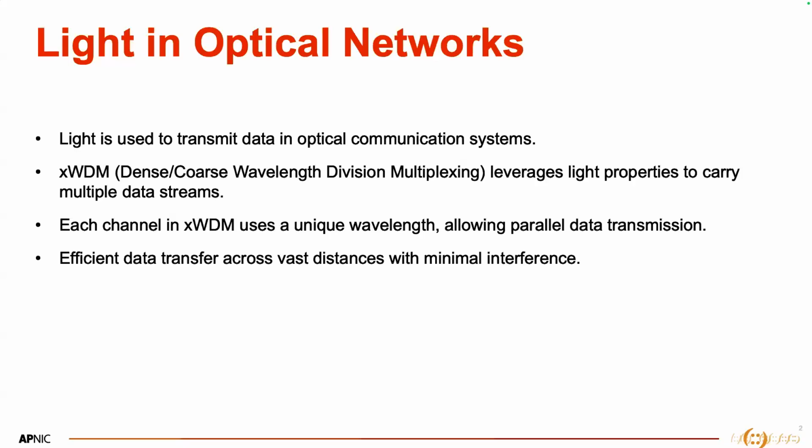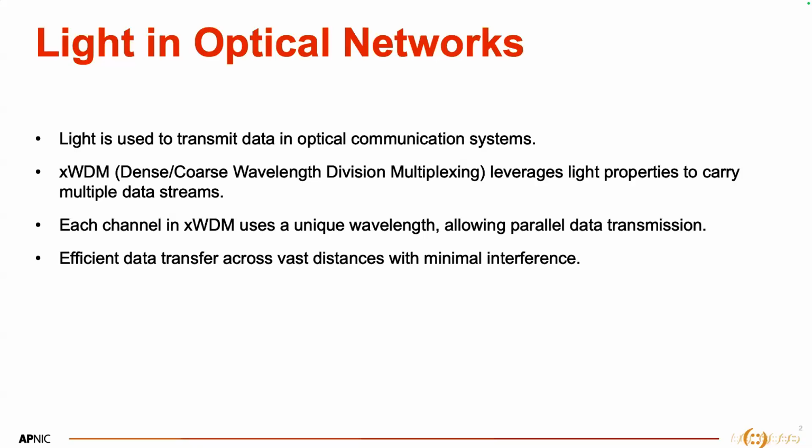So before going into the overview or working principle of DWDM, let's try to understand how light behaves. As you can see, light is used to transmit data in optical communication systems. It is true for DWDM, CWDM, and any kind of WDM.